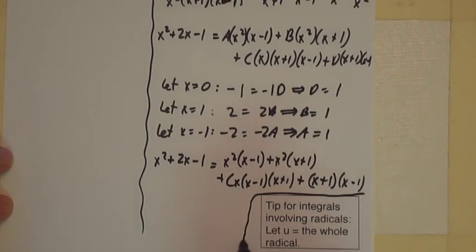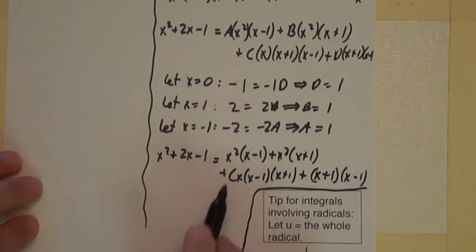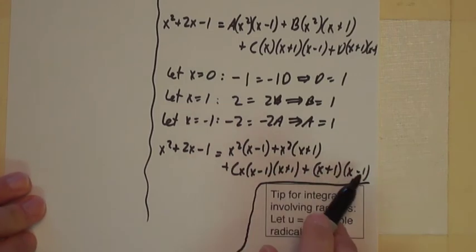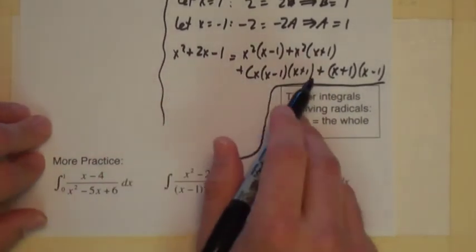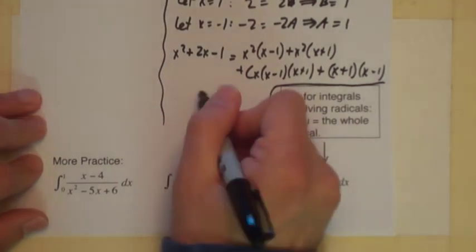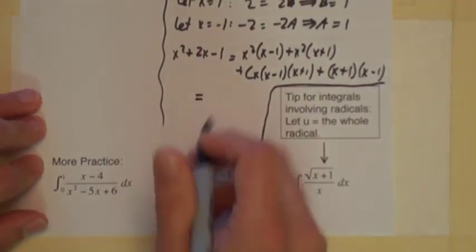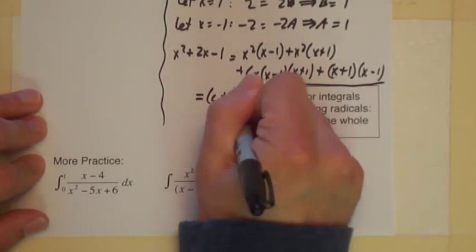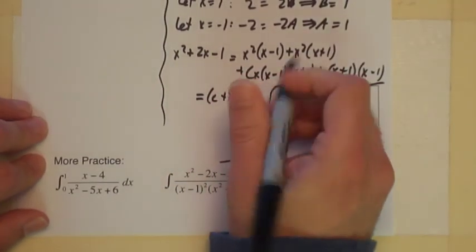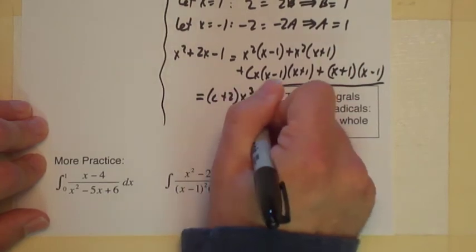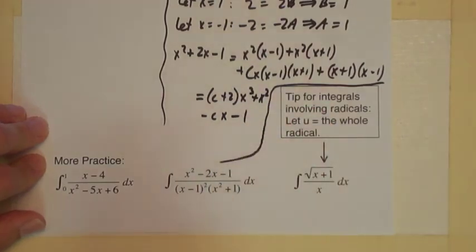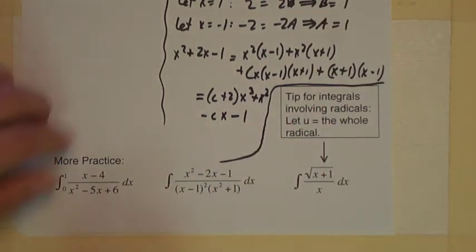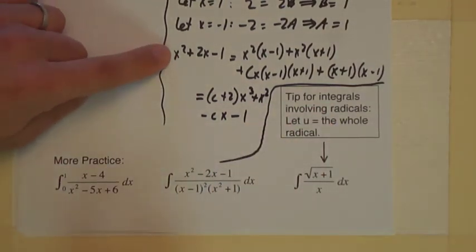Now, let's distribute all these x squareds and collect all the terms, and you can do that on your own if you want, but how it ends up being is the right-hand side equals C plus 2 x cubed plus x squared minus Cx minus 1. And still on the left-hand side you have x squared plus 2x minus 1.